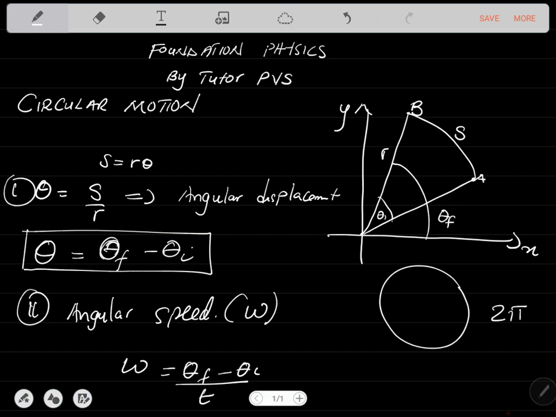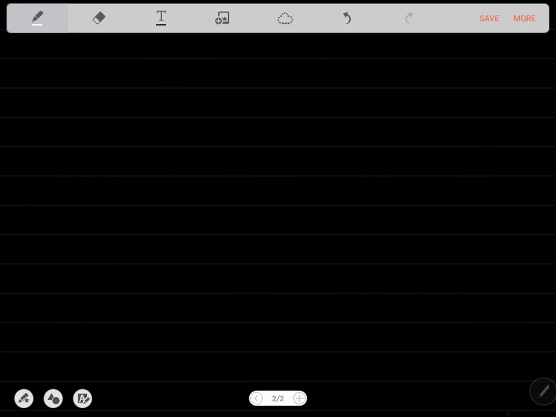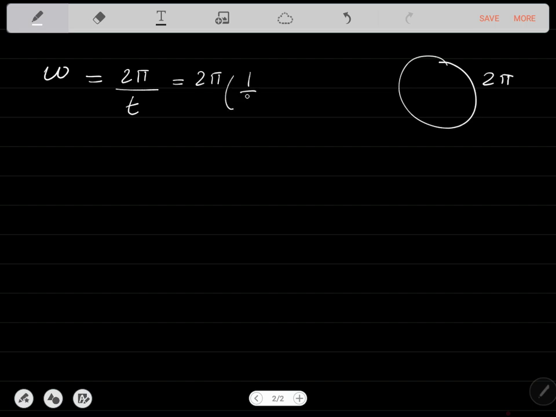So you are going to take note that if the angle on top there, like the total distance covered by an object, is 2 pi, we call it 2 pi over t, right? This is just the same as 2 pi multiplied by 1 over t. Now, 2 pi, what is 1 over t?